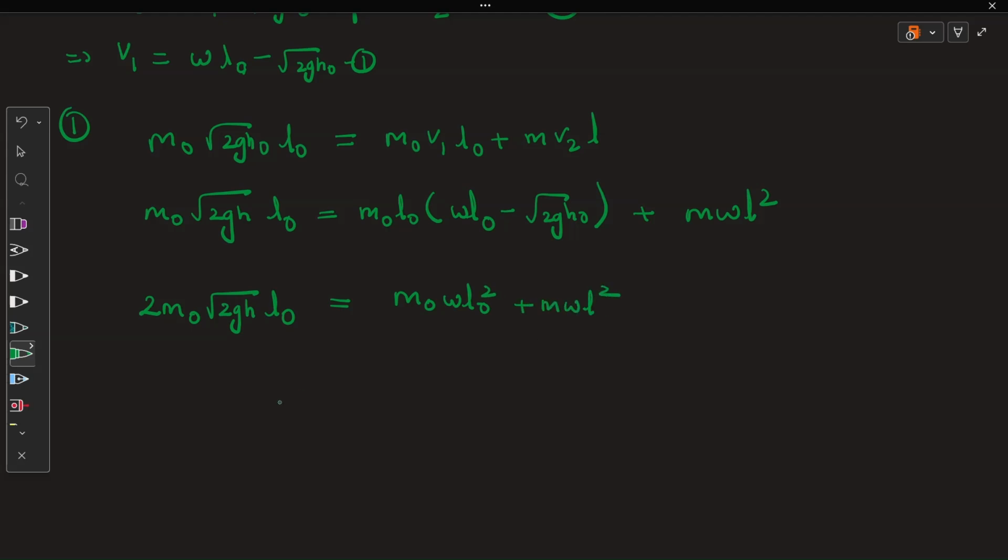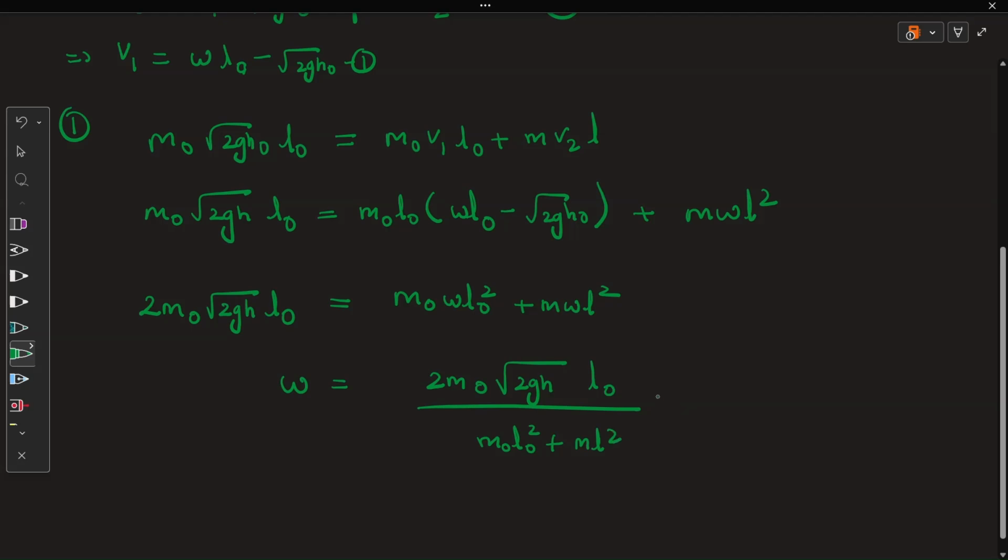If I take omega common from this, I get omega is nothing but 2m naught into under root 2gh into L naught whole divided by m naught L naught square plus m L square. This gives the equation of omega.